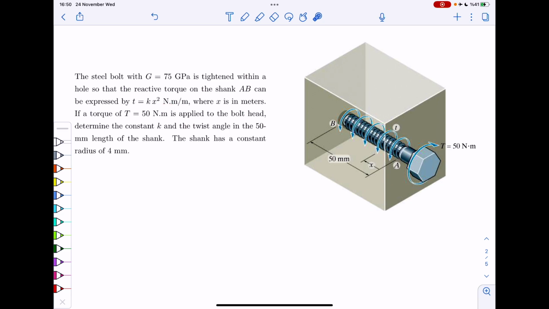If a torque of 50 Newton meter is applied, as shown here, determine the constant K and the angle of twist in the shank. The shank has a constant radius of 4 millimeters.